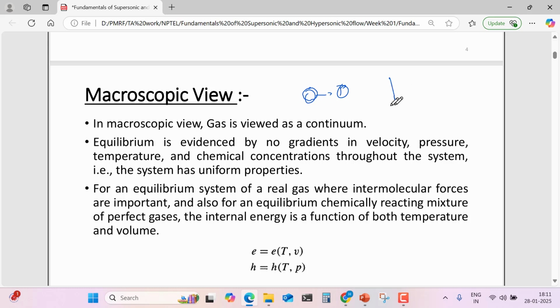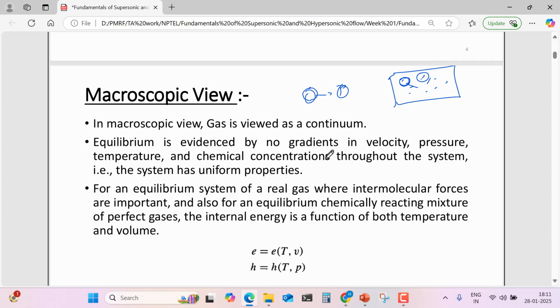Like if, let's say, in a chamber there are random particles, and we have a small control volume, then if we choose multiple control volumes, depending on the number of particles its density can change. But if we choose the size of the control volume such that the density of both control volumes remains the same, then that assumption is taken as the continuum assumption.